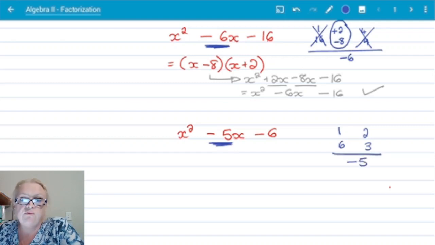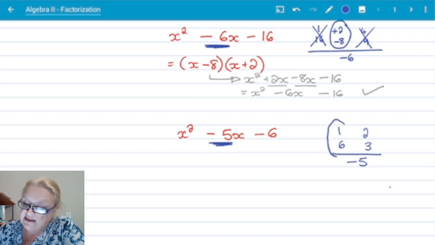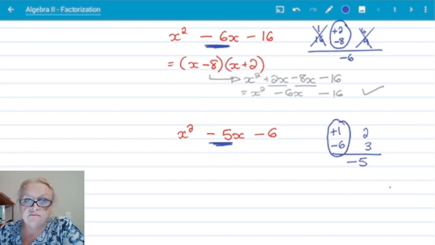Which combination would work to give me a negative 5? Well, here I've got a choice. I can either say minus 6 plus 5, or I can say minus 2 minus 3. Both of those would give me an answer of negative 5. Agreed?